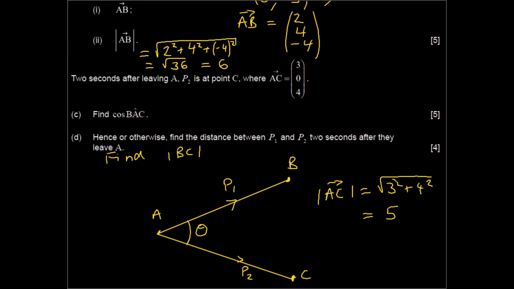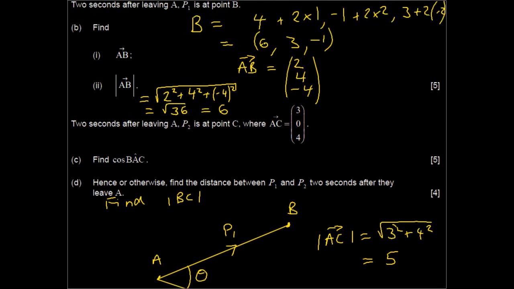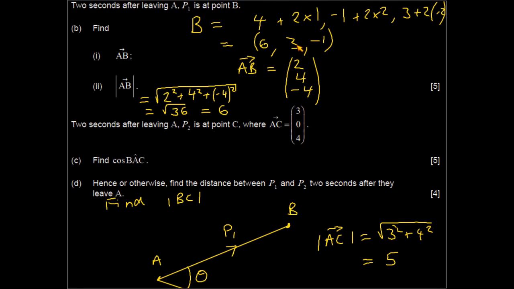Alright, so we could do it various ways. Again, we've now got the cosine of this angle, so we could use the cosine rule to work out this one. Or I think what I'm going to do is work out the vector B to C, since I know where point B is. Point B is here, and I can work out where point C is because I know where point A is and I know the vector A to C.